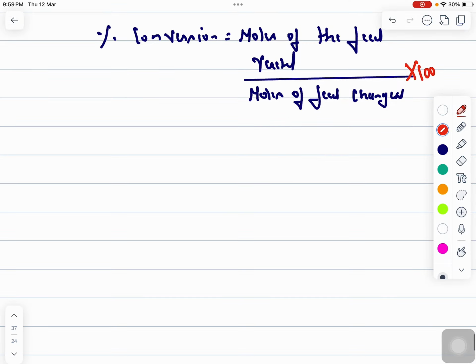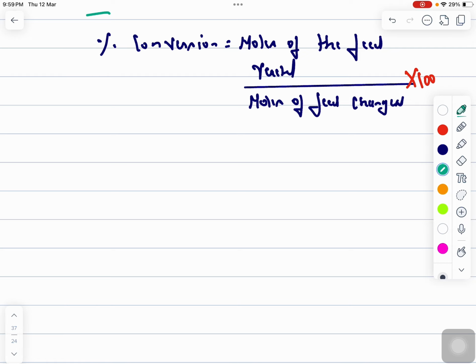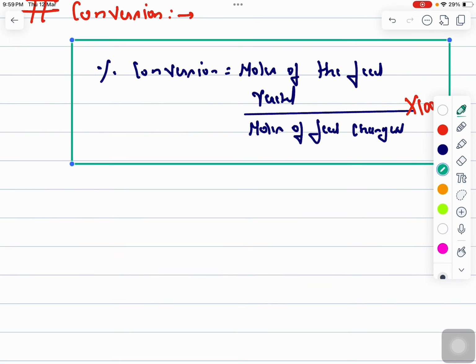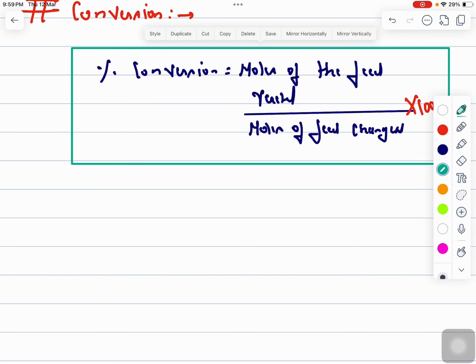Whenever we calculate the percentage conversion, it will be calculated based on the excess reagent, right? Because the limiting reagent will get 100% consumed in the reaction. That's why the percentage conversion for the limiting reagent will be 100%, right?